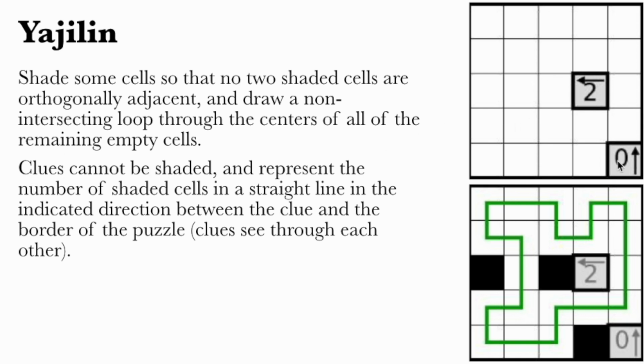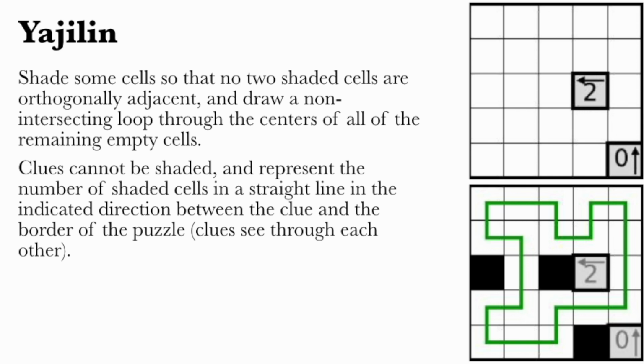These are the clues. And they represent the number of shaded cells in a straight line in the indicated direction between the clue and the border of the puzzle. Clues see through each other. So this 2 is saying that between this clue and the edge of the grid, there are exactly 2 shaded cells. It does not count the whole row, just in the direction of that arrow.